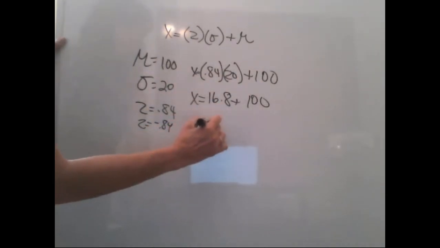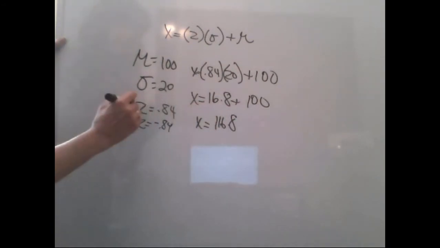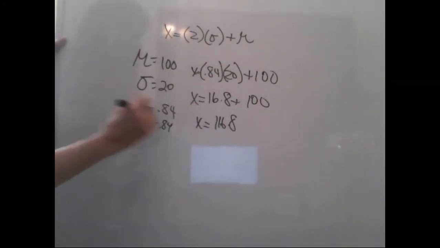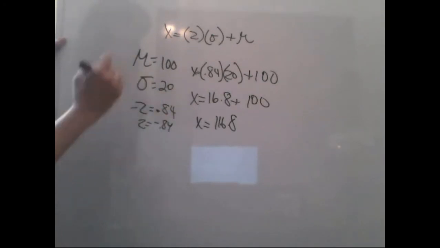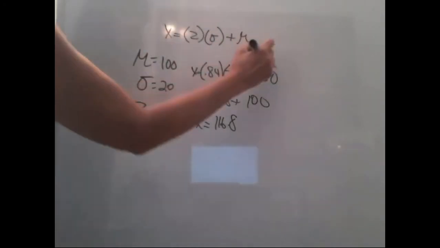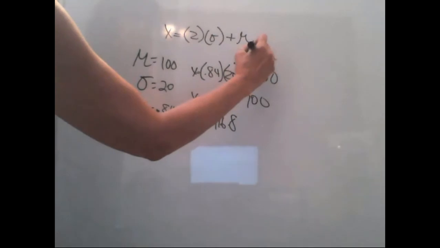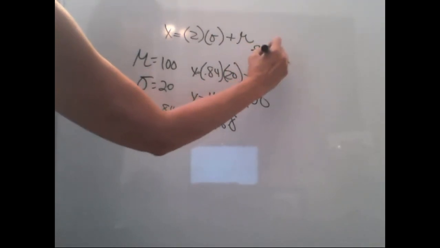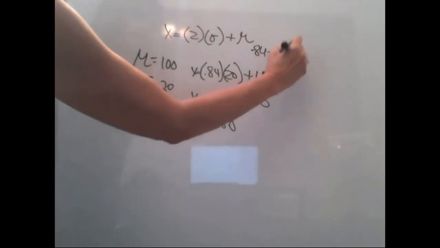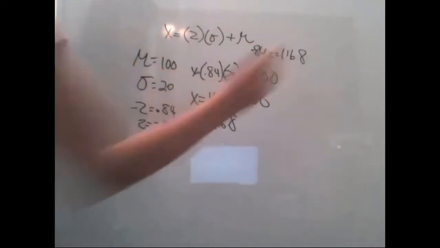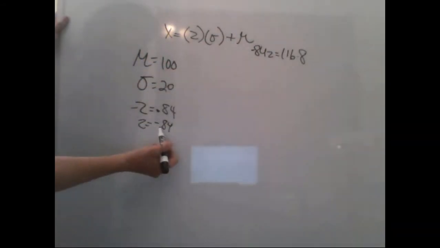So x is equal to 116.8. So that's the raw score that's associated with a z of 0.84. So I'm going to put that up here. 0.84 z is equal to 116.8.